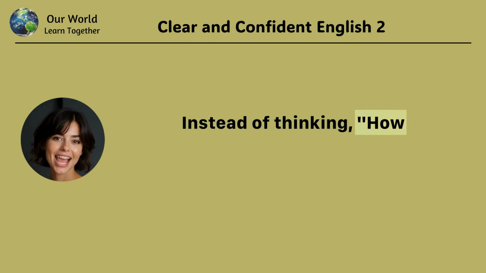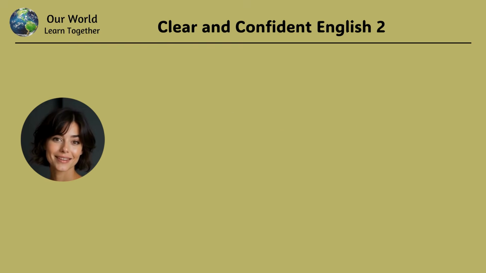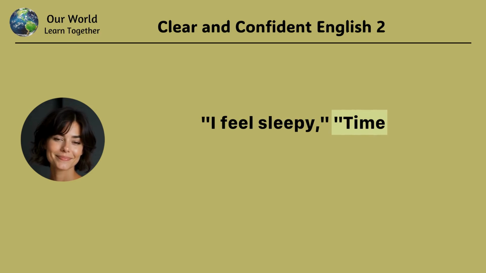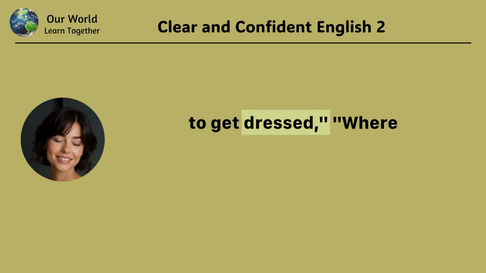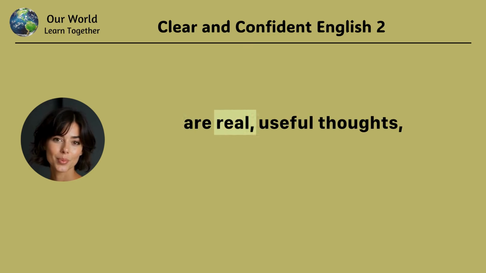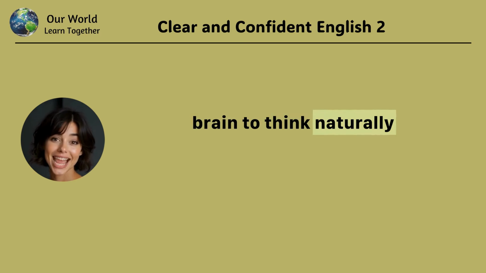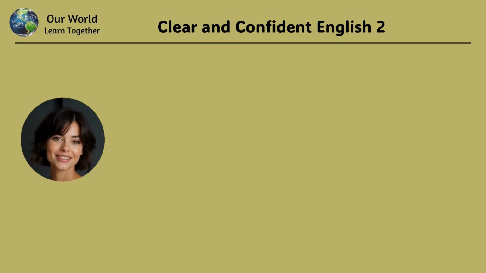Instead of thinking, "How do I say this long thought in English?" break it down. Make it simple. Start your day with, "I feel sleepy. Time to get dressed. Where is my phone?" These are real, useful thoughts.